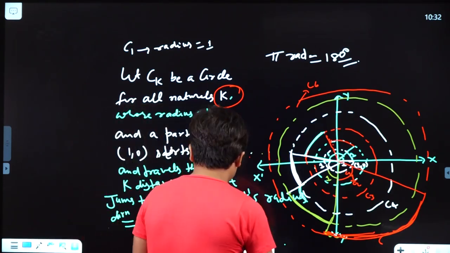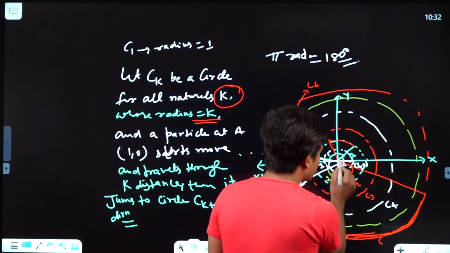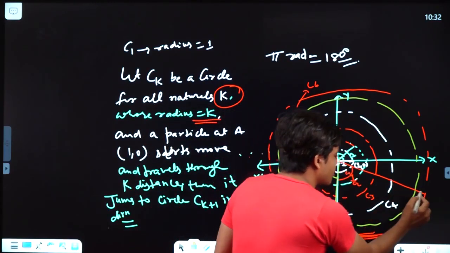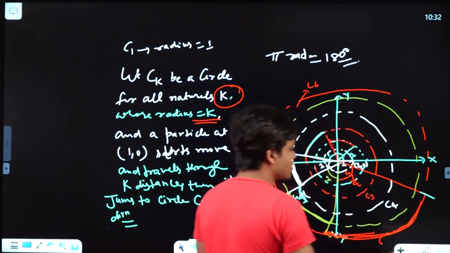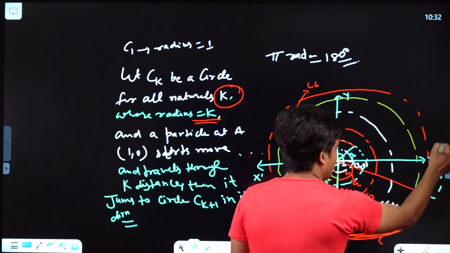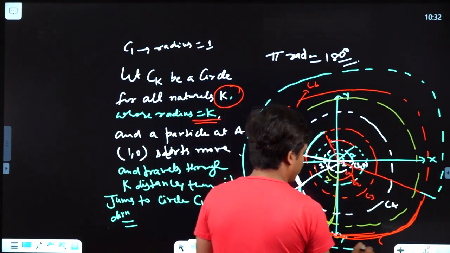But one more thing: again you have to take the radial direction, and it will shift to the next consecutive circle.